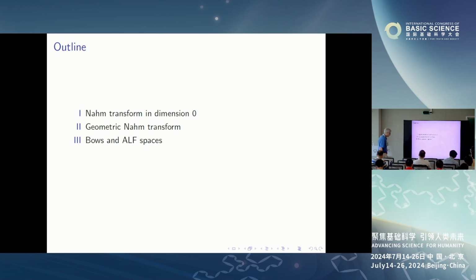So we have a series of several papers for the last several years discussing how to extend the Nahm transform to gravitational instantons known as ALF spaces, asymptotically locally flat spaces. And then I'll introduce those spaces, then discuss the Nahm transform for those spaces. And again, depending on how much time we have, then I'd like to end up with some questions for the younger folk to attack afterwards.